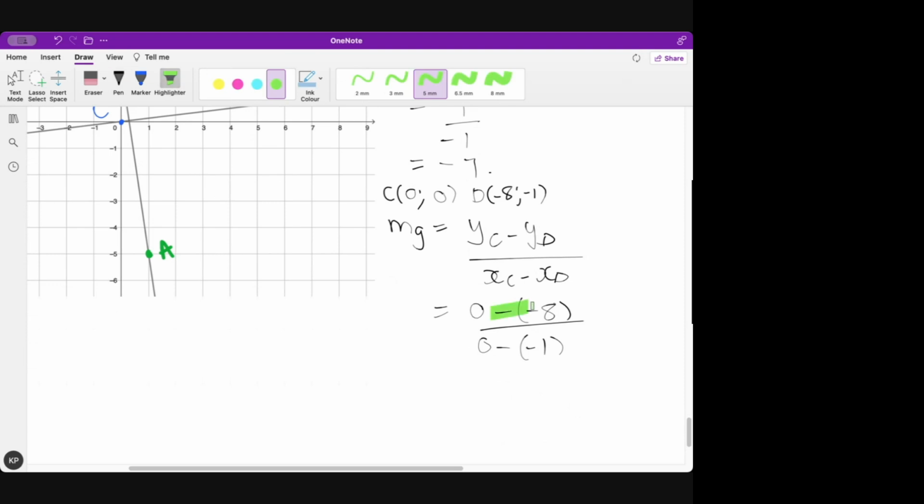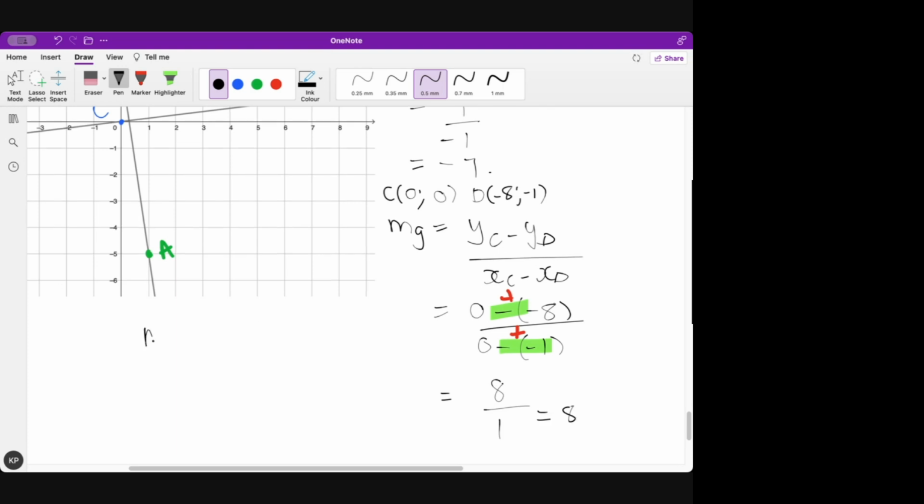Again, we have this negative, negative, positive, positive. What's 0 plus 8 in the numerator? That is 0 plus 8. Hey, guys, there we go. 8 over 0 plus 1, which is 1, and this is 8.